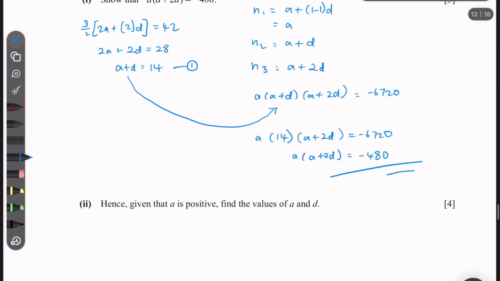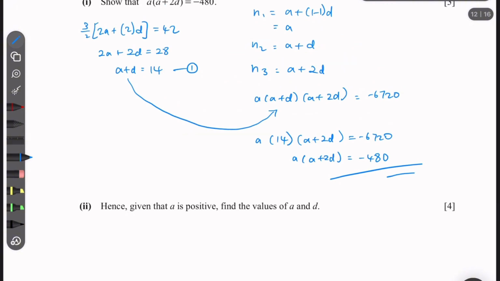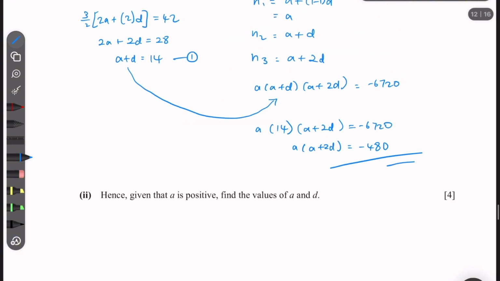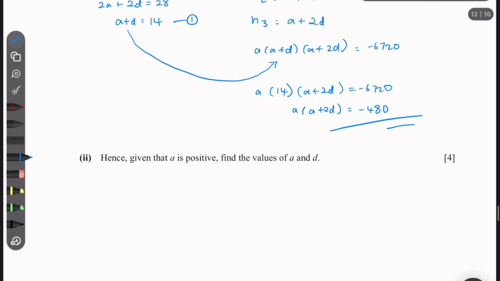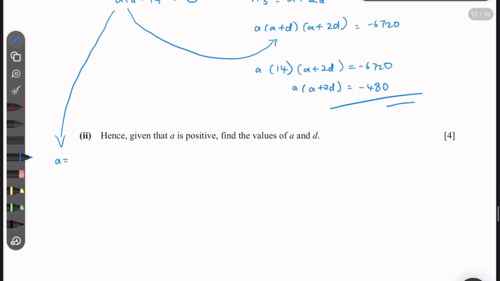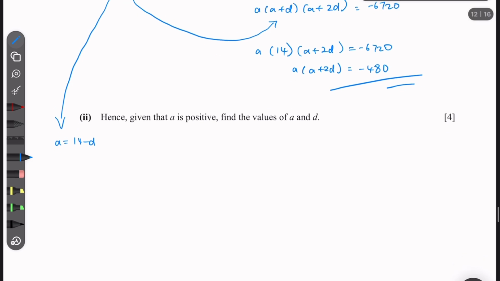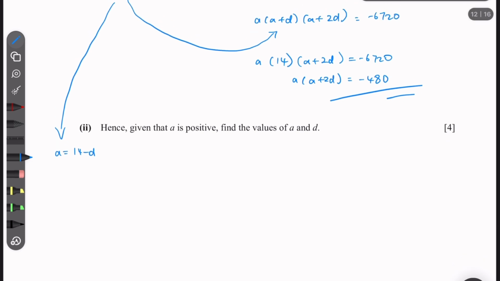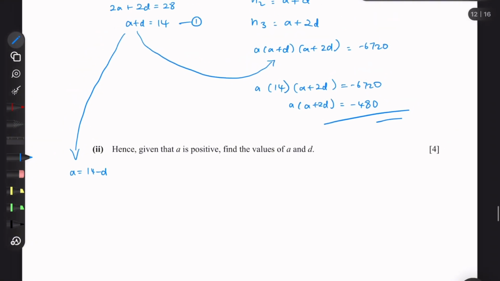Hence, given that a is positive, find the values of a and d. We can use this to make a equal to 14 minus d. And then we sub this into the equation in part 1 so that d is the only unknown.